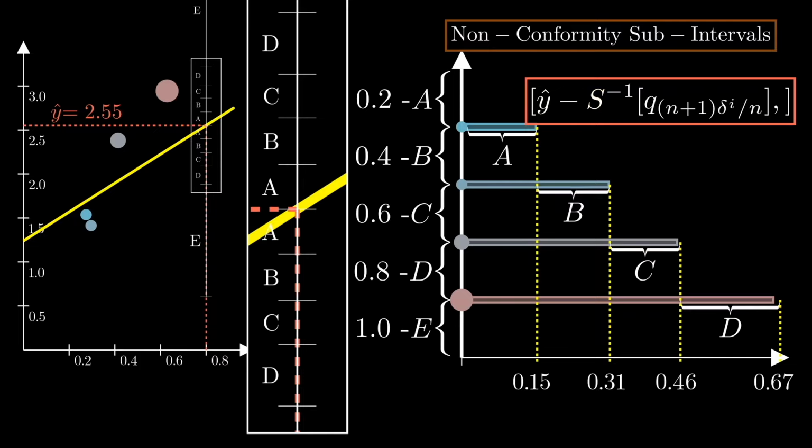Moving away from the point prediction by that distance covers Y subintervals A and B. And as we have already discussed, from exchangeability, making these subintervals equiprobable, concatenating those two Y subintervals as our predicted interval will result into 40% confidence level.